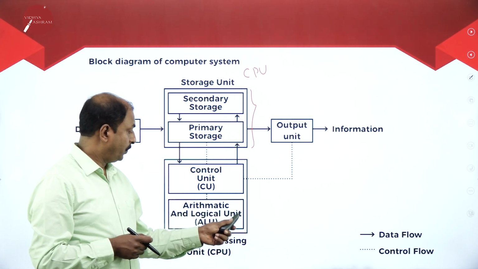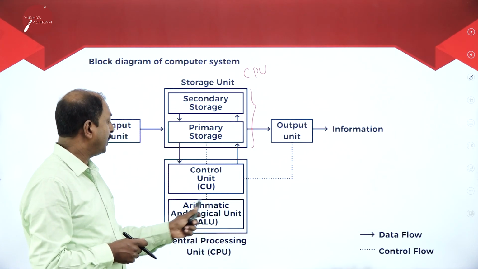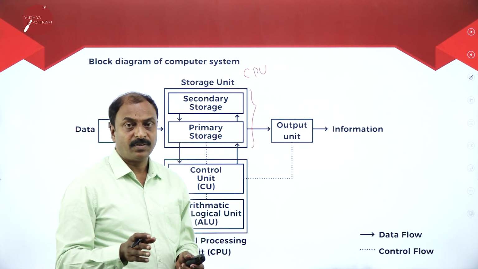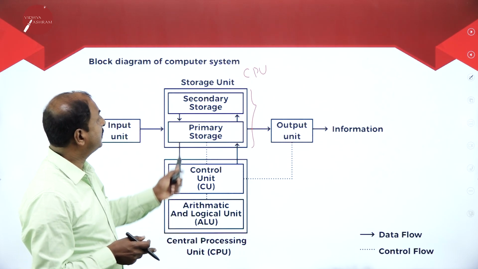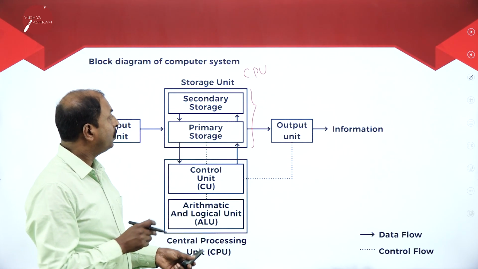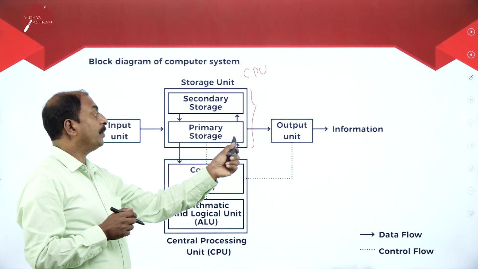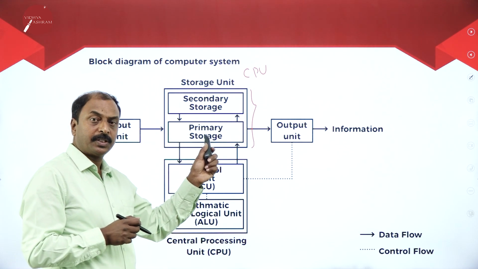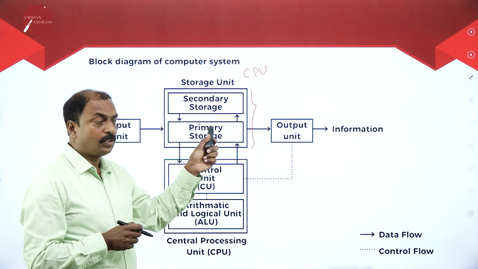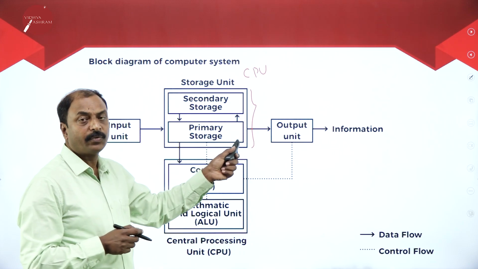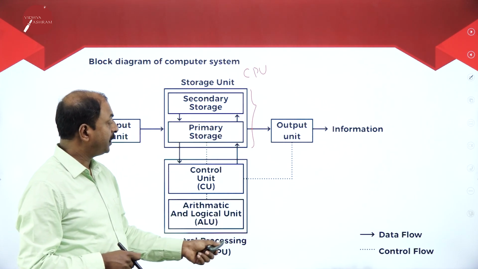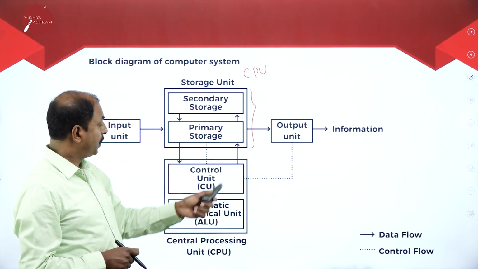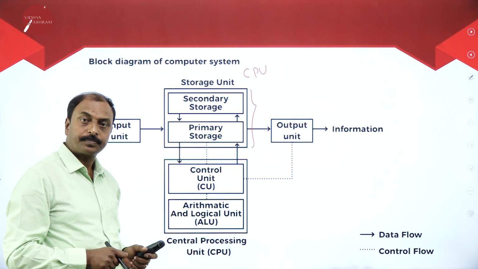ALU stands for arithmetic and logic unit. This is the place where arithmetic and logical calculations take place inside the CPU. The function of memory is only to store information, data and instructions. It cannot do any sort of calculation. So for calculation, the data has to be moved from memory to the ALU.